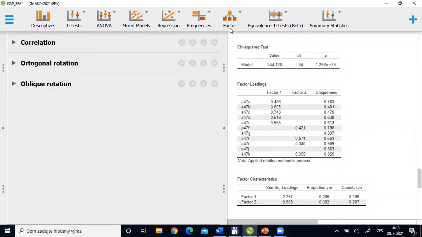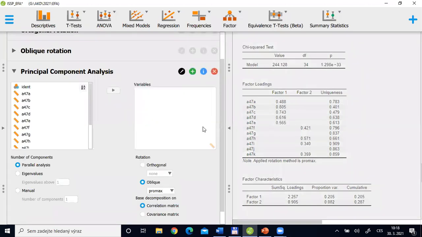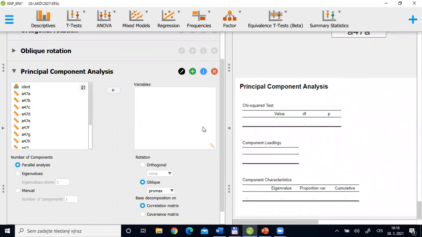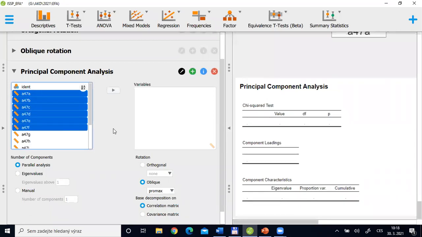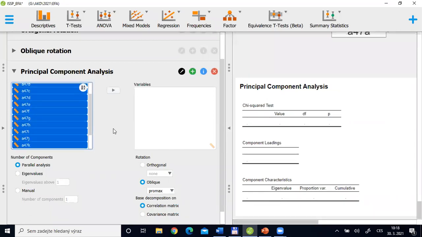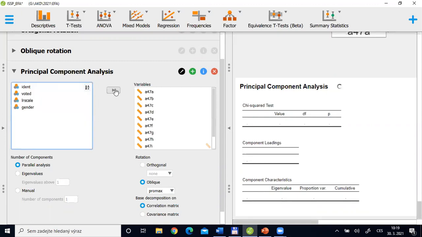So I would go into factor, and I would go into principal component analysis as my step. This dialog is very similar to the previous one, so we can go very quickly through it. I would take once again all 11 variables and move them into variable sets.